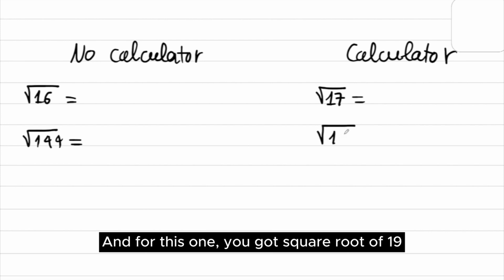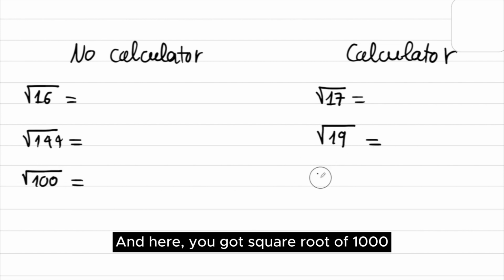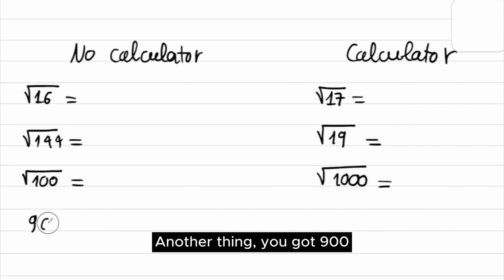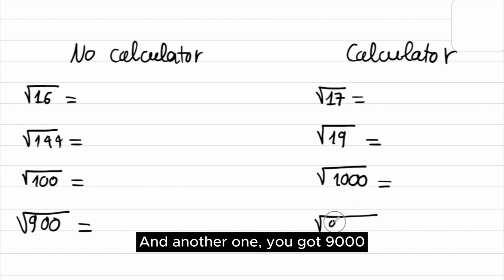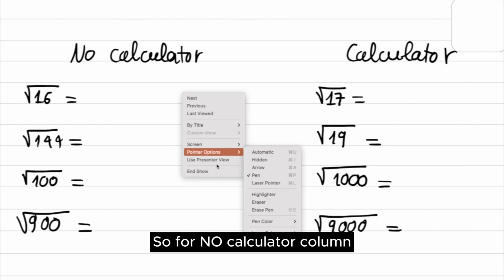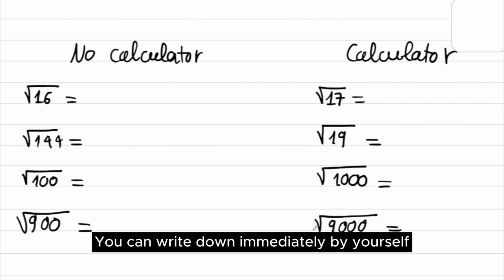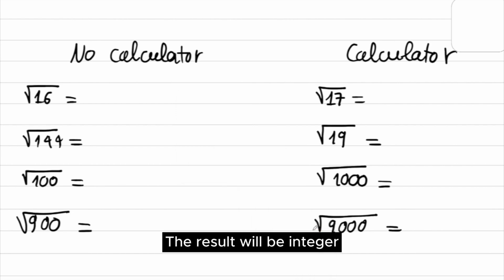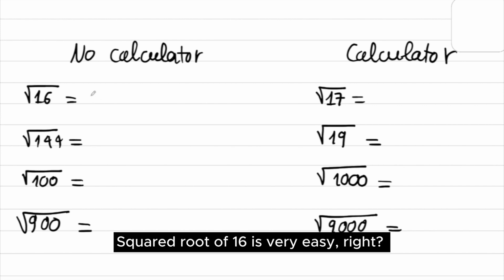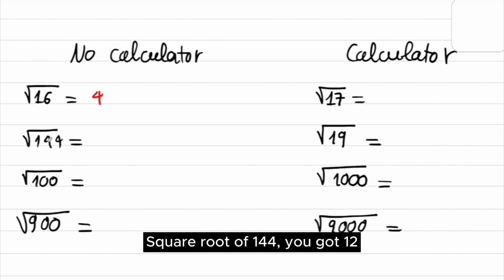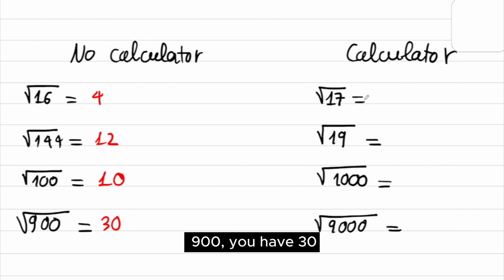And here you have the square root of 19, the square root of 100, the square root of 1000, 900, and 9000. For the no calculator column, you can write down the answer immediately by yourself. The result will be an integer. The square root of 16 is very easy, right? You have 4. The square root of 144, you get 12. The square root of 100, you get 10. 900, 30.